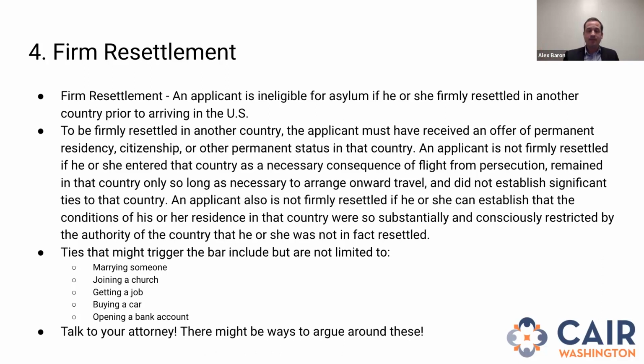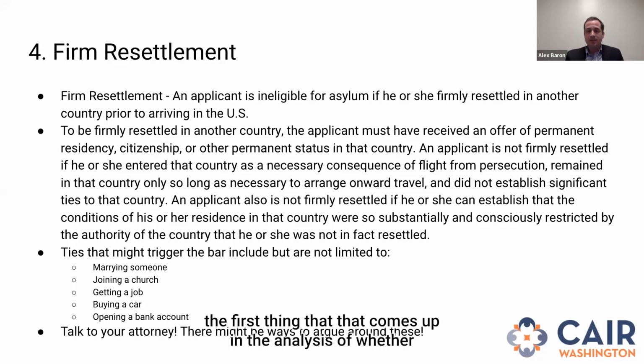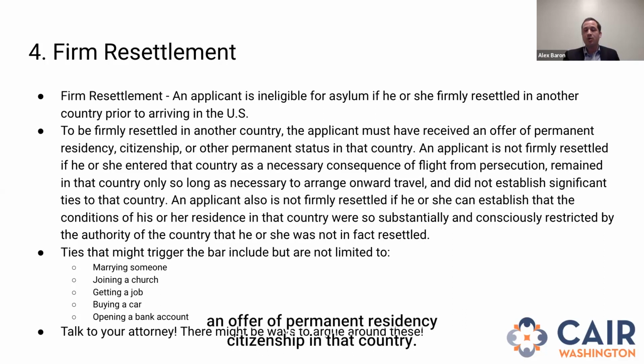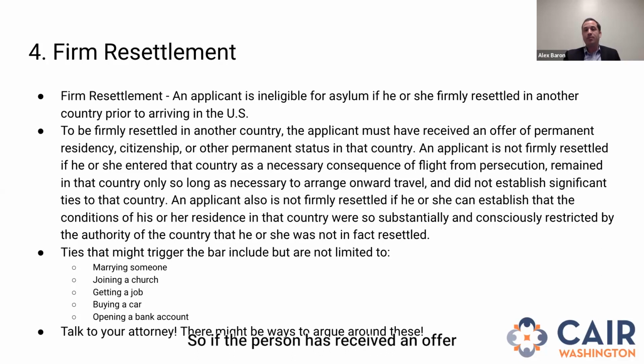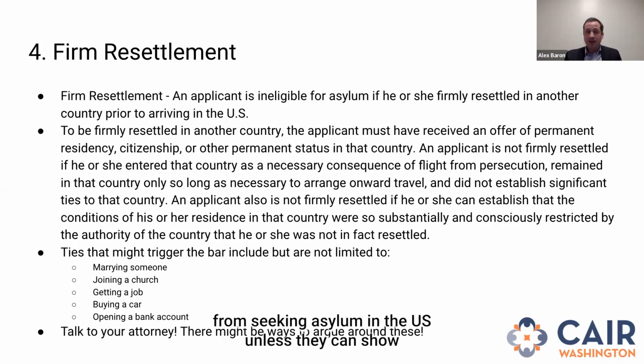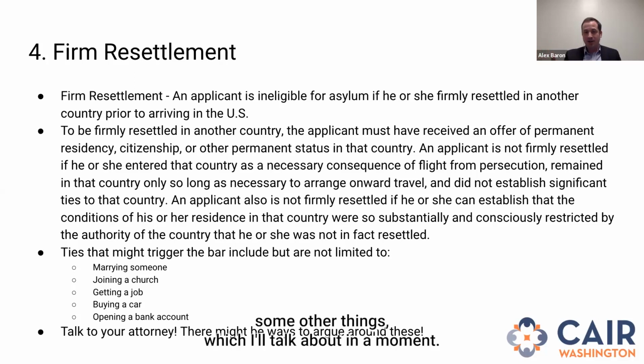And so the first thing that comes up in the analysis of whether that person is barred from asylum is the question of whether they received an offer of permanent residency or citizenship in that country. If the person has received an offer of permanent residence, then under the law, they should be barred from seeking asylum in the US unless they can show some other things, which I'll talk about in a moment.